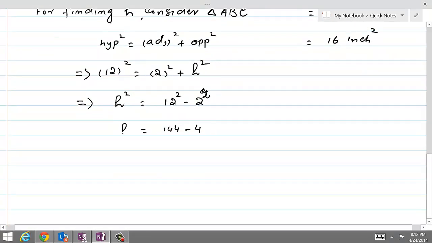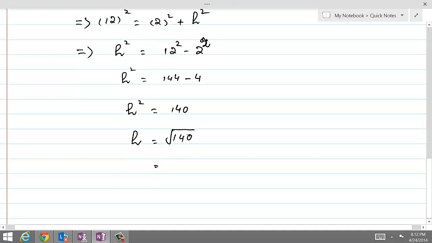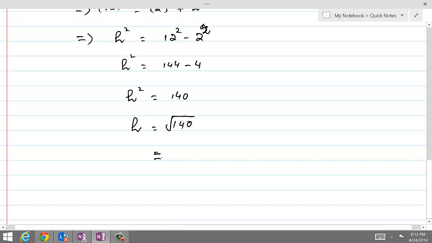So h squared is equal to 140, and taking the square root on both sides, h is the square root of 140, which is 11.83 inches, because this is a length, the height.